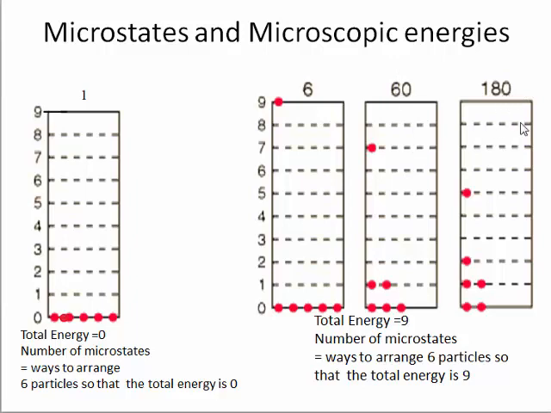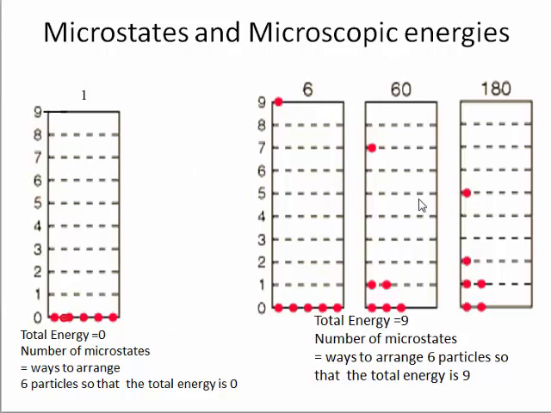And there are many other possible arrangements of energies for each particle that sum up to a total energy of 9. So if the energy is 9 for a 6 particle system, there are many more ways to arrange the energy, many more microstates for the system than if the energy is 0.